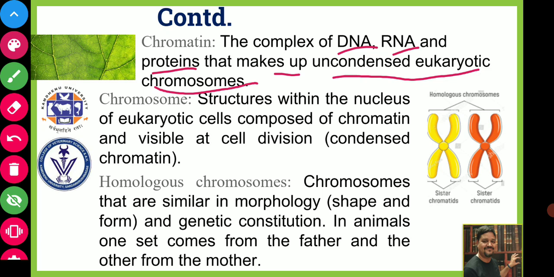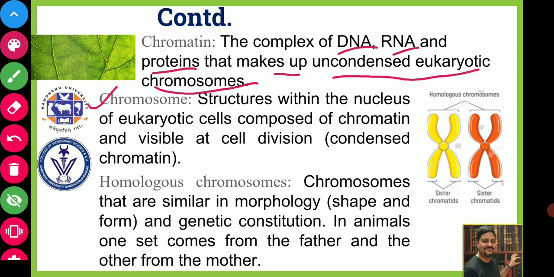But in the resting stage of the cell cycle, which you may call interphase, the chromosome will be fully hydrated and uncondensed. They will be spread, under Brownian movement inside the nucleus, and that structure in combination with DNA, RNA and protein will be known as chromatin.